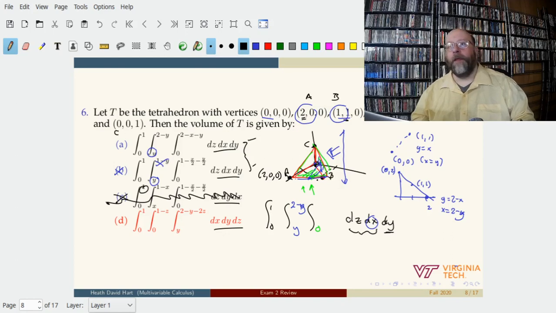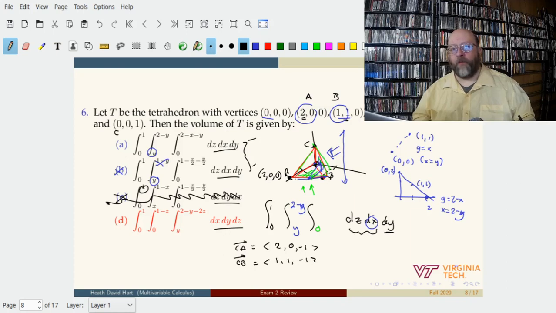Okay. The vector from C to A goes forward 2 units, 0 units in the y direction, -1 unit down. The vector from C to B goes 1 unit forward, 1 unit to the right, -1 unit down.